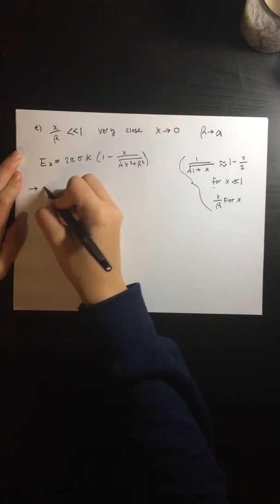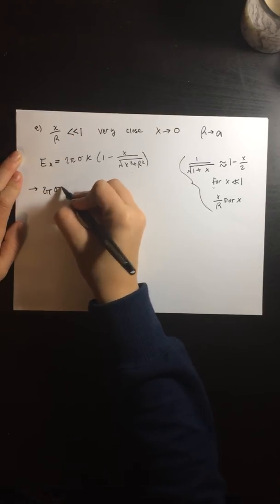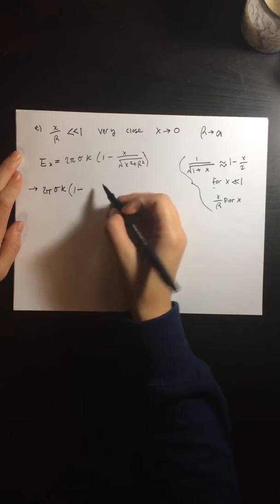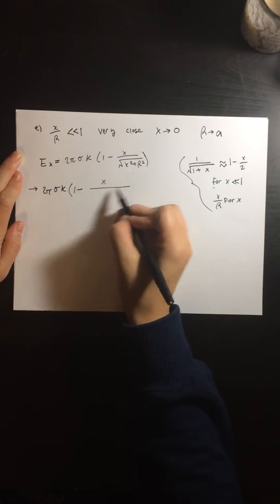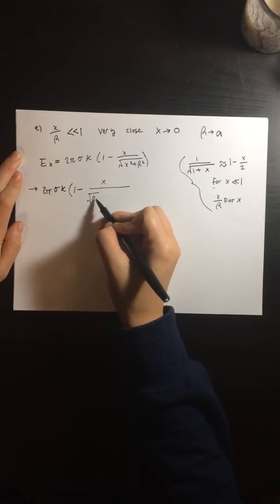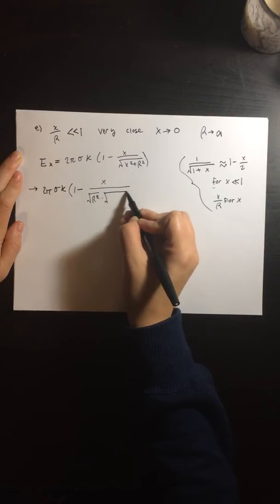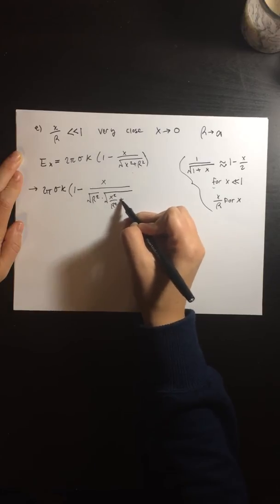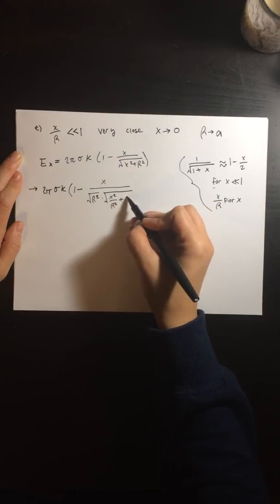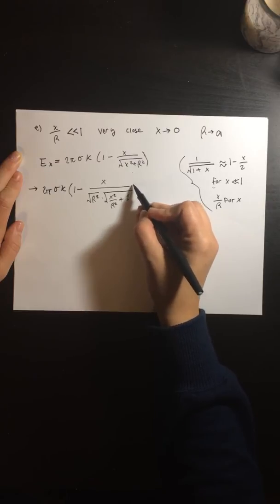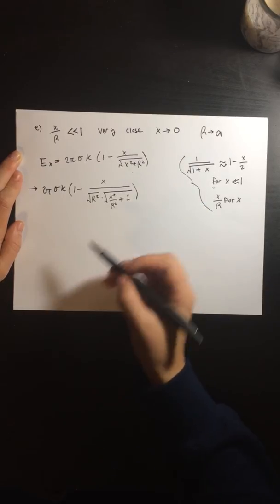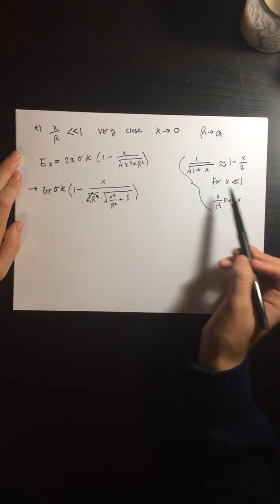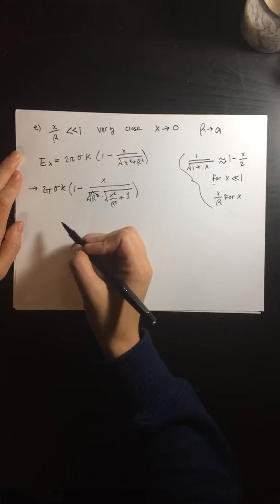So I'll show you. 2 pi charge density k times 1 minus x over the square root of r squared times the square root of x squared over r squared plus 1, because if we pull that out we have to put it underneath, and then this is going to be a 1, right? So that's what we have. So this is actually just going to cancel out to an r, and we have here now this substitution, right?